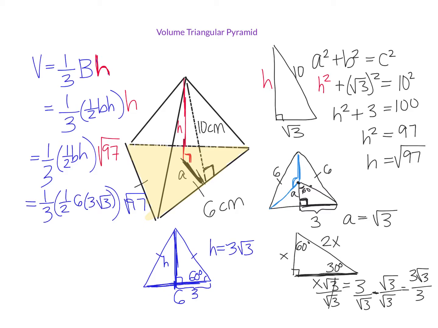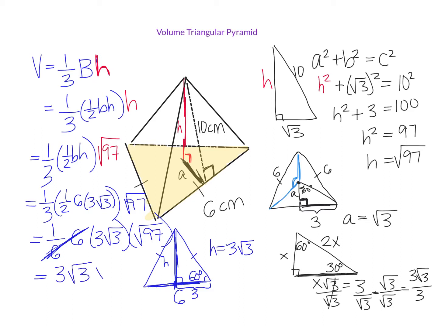So let's do some algebra here. Whenever I'm multiplying my fractions, you multiply the numerators and multiply the denominators. So this becomes 1/6 times 6 times 3 times the square root of 3 times the square root of 97. These 6's cancel out. So now I have 3 times the square root of 3 times the square root of 97.